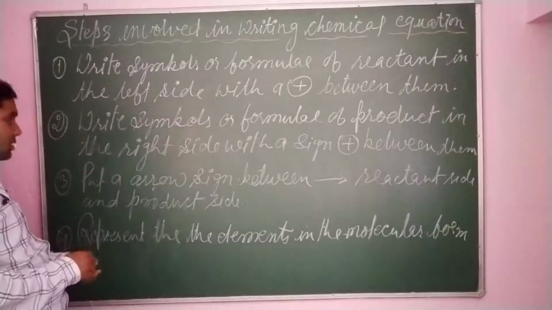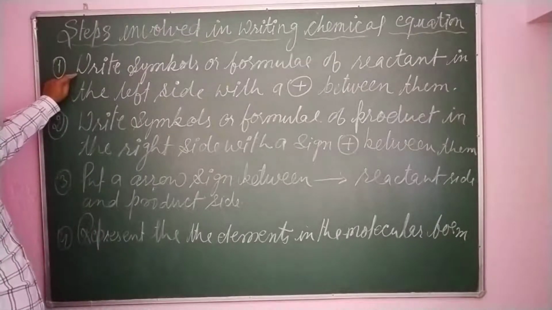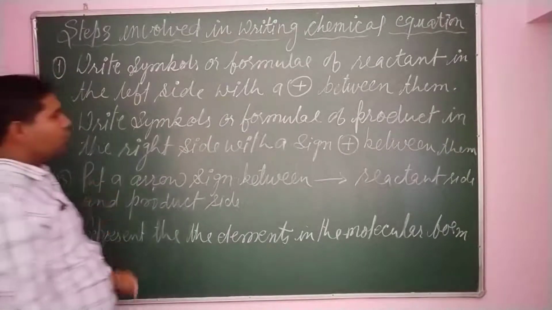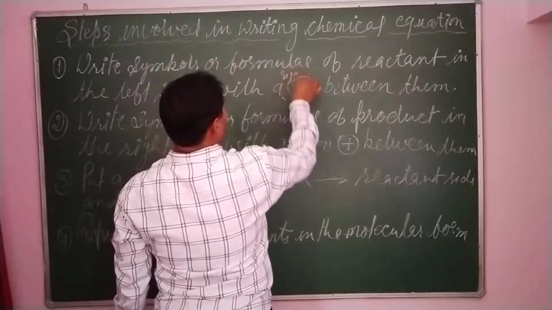Let us understand about it. First, write symbol or the formula of the reactant in the left hand side with a plus sign between them.